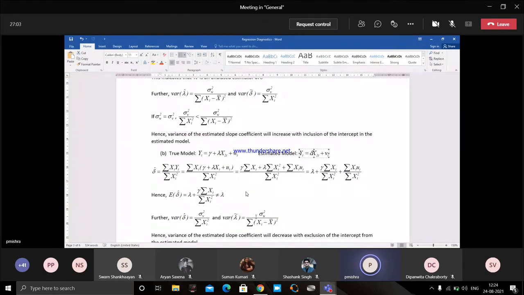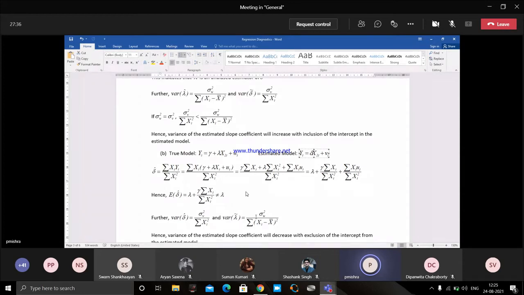But at the same time, we now also have the problem of bias and inconsistency in the OLS estimator of the slope coefficient. This aspect is very, very important, and we'll have further discussion on this when we revisit these issues empirically in the lab class.